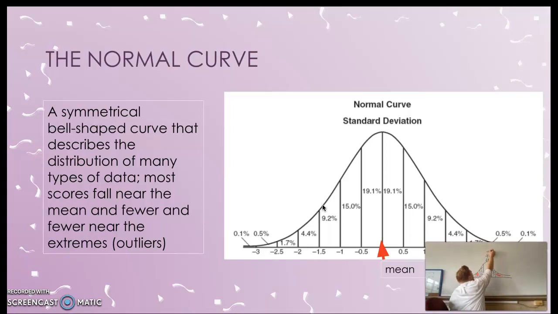So, this is how a normal bell curve looks in regards to the shape. And then once you start to get into what the standard deviations are, that's just the average distance from the mean.